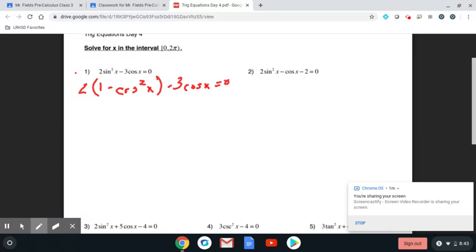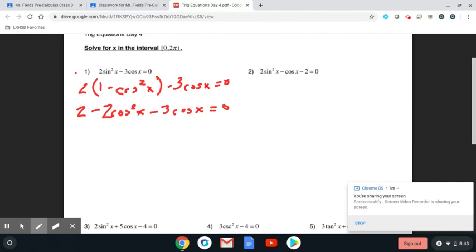After you plug in, now we want to start condensing the left side of the equal sign. So let's distribute this 2 inside. We end up with 2 minus 2 times cosine squared x, and we still have our minus 3 cosine x, and this is equal to 0.